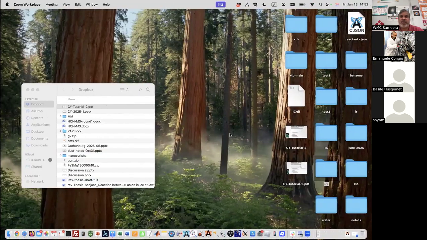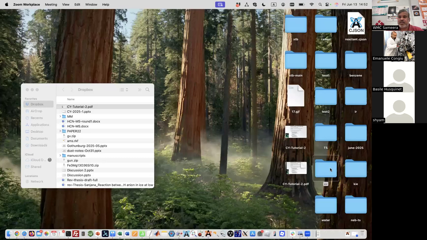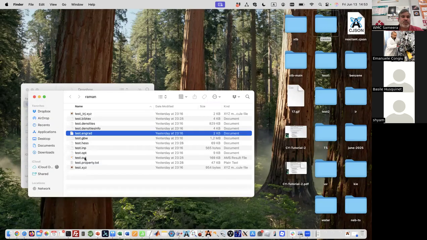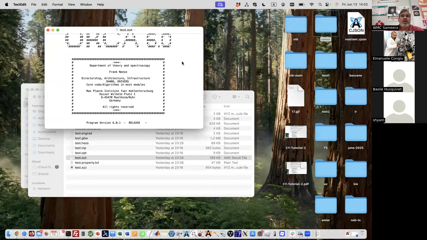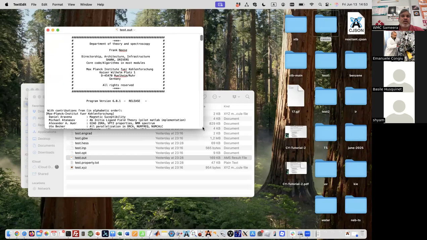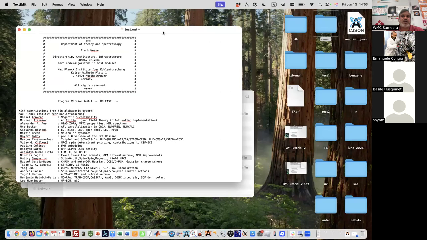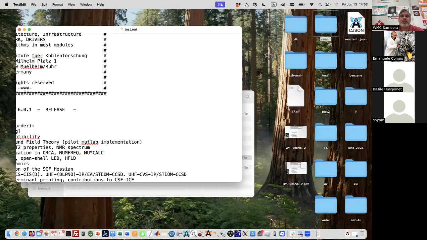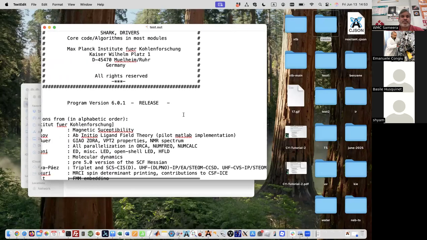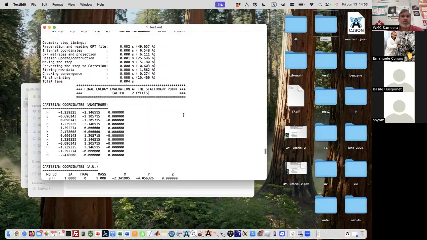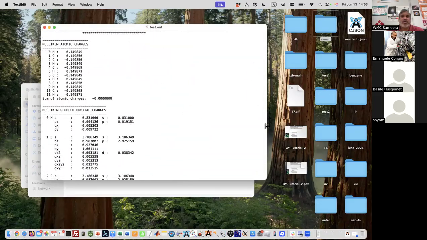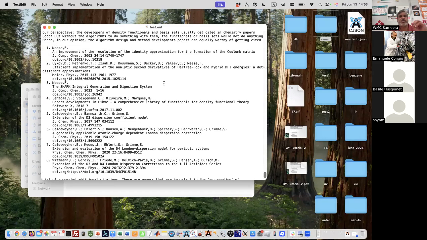So I think we left the Raman calculations to proceed, so we can look at the data. Now it's finished, I guess. Yeah, so we computed the Raman spectrum. The calculation is finished.